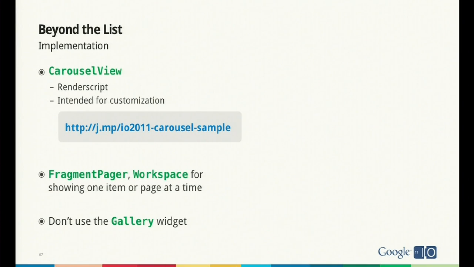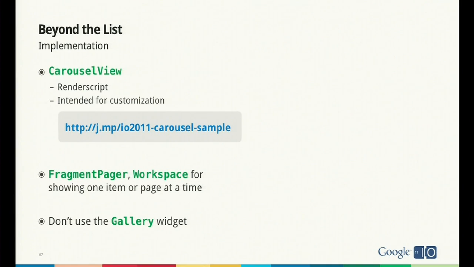Okay, so implementation of some of these things. There's not a whole lot of specific guidance that I can give for this because, as Rich said, as soon as you start doing the same thing in many places, it dilutes the experience of some of it. So this is where we say, be really creative. We have the carousel view, which is the component that we used in several of our applications in Honeycomb, which we're open sourcing as a sample for I/O right here.